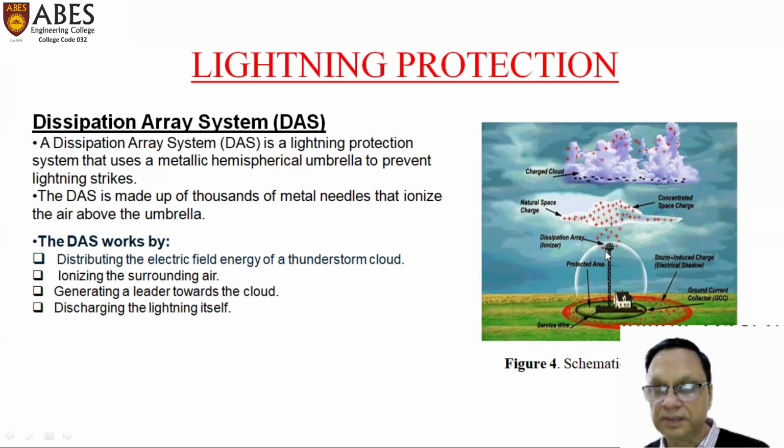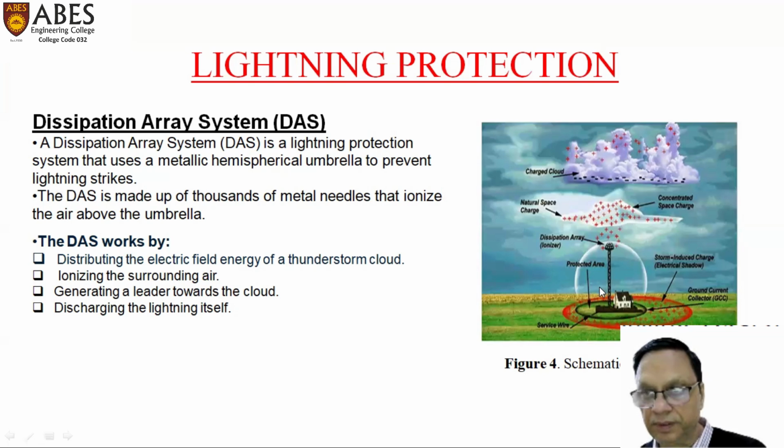Once the charge enters this distributed area, it is concentrated and passed to this tower. So the area under this curve, this umbrella, is saved. The ground acts as a collector and it serves as a service wire. But the area is protected because of this umbrella.